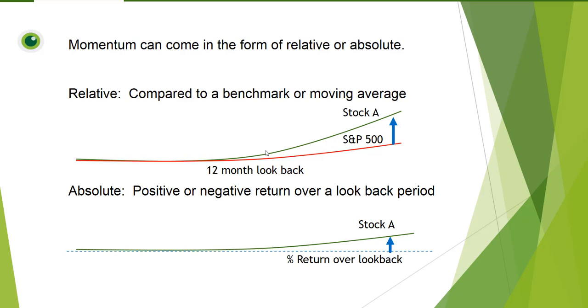Or if I want to buy the stocks that have the greatest return above their 50-day combined with their 200-day, that would be relative to a moving average. Then you have absolute. Absolute is whether or not it has a positive or negative return over a 6 or a 12-month look back. Now, most momentum investors use 12 and a 6-month look back. And some matter of fact will blend those together. And we use more of a blending approach on iView markets.